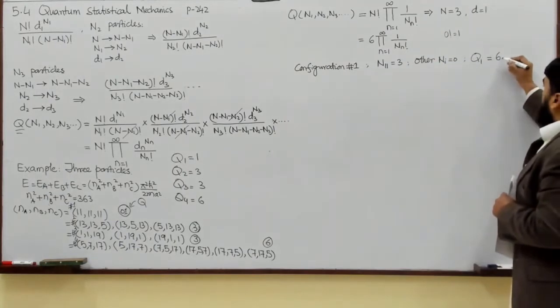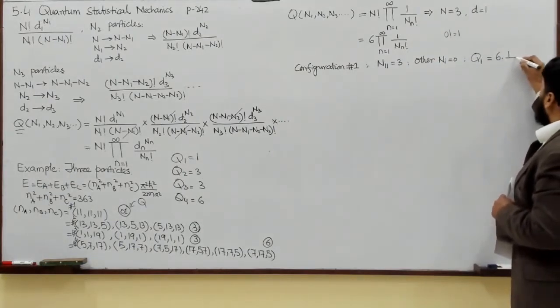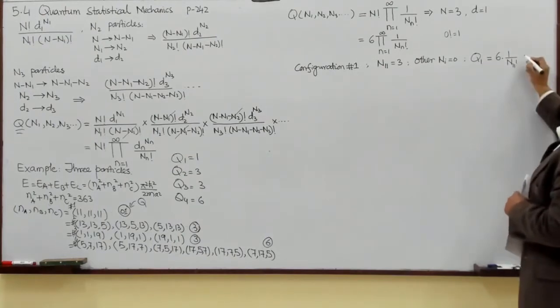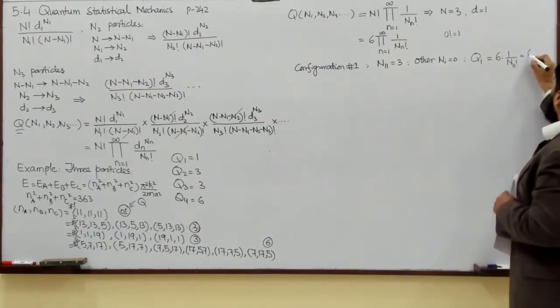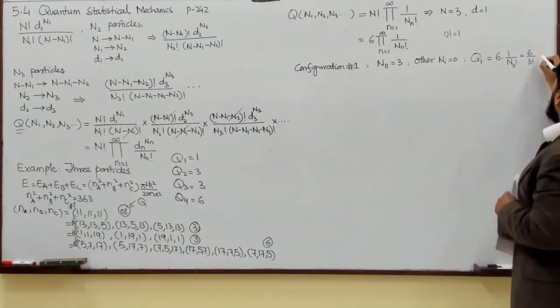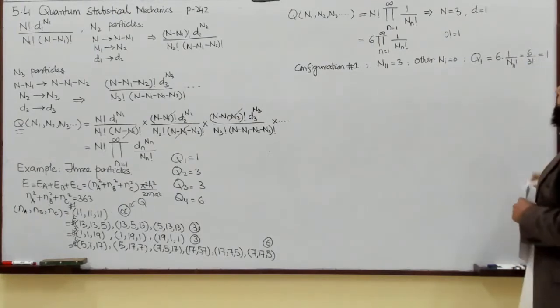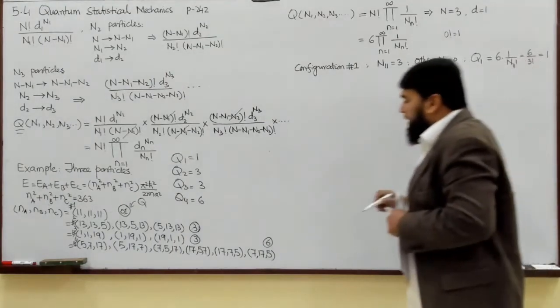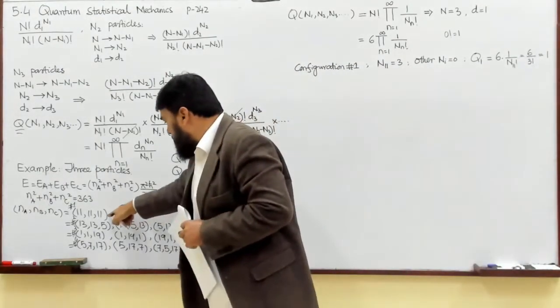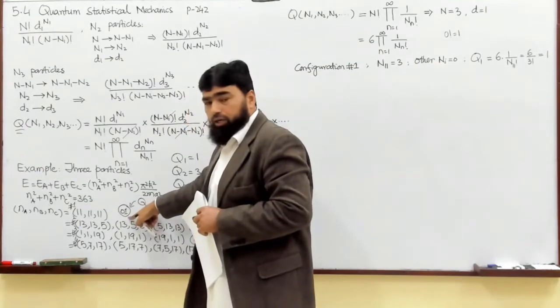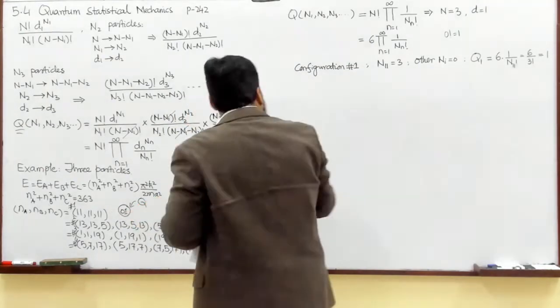So this is 6 divided by n11, which is 3 factorial, and this is equal to 1. So our Q1 came out to be 1. Only in one way this is possible.